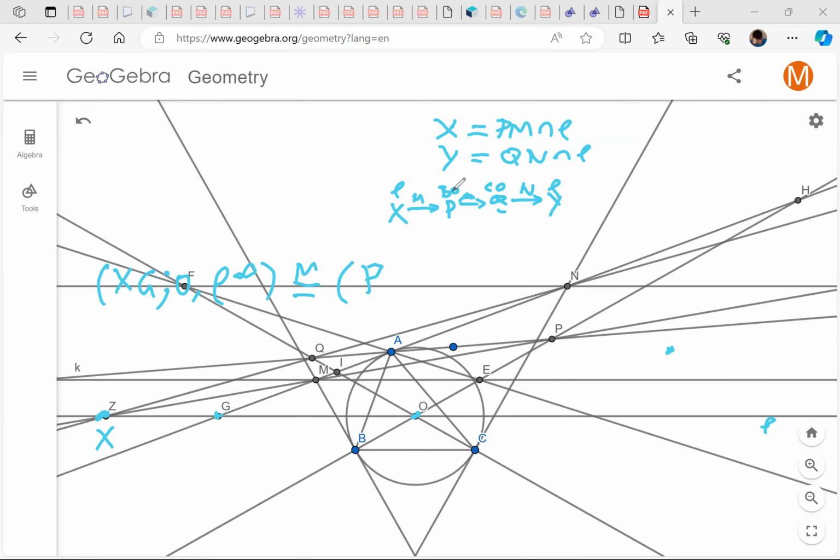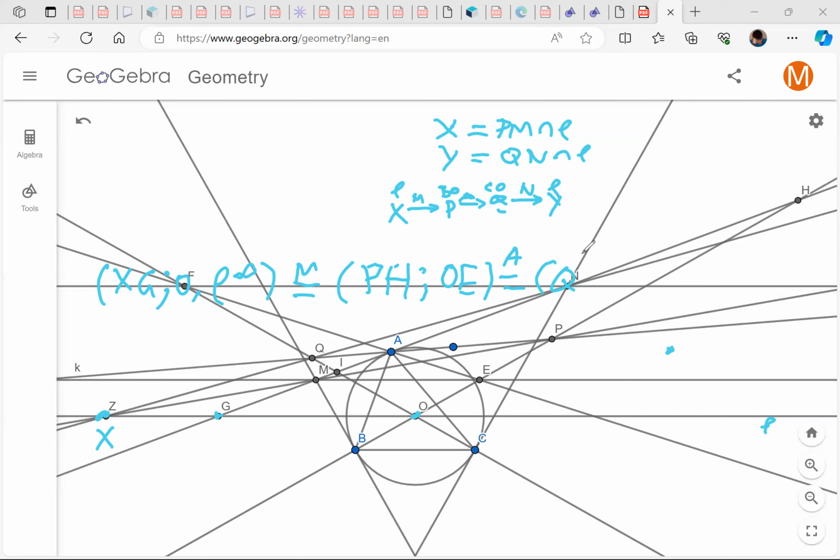G goes to H, I think. Yeah, H. O goes to O. The point at infinity goes through M, so it's gonna go through E. Goes through A. This is gonna be Q.